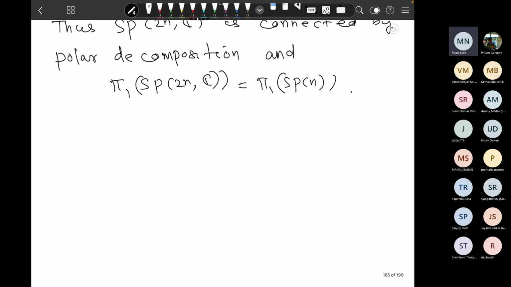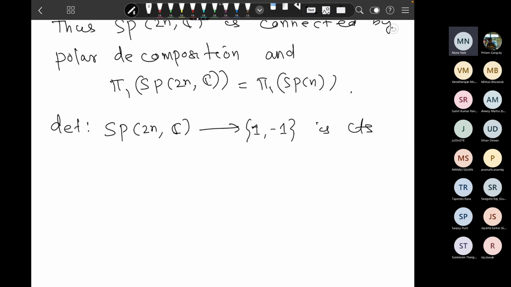Okay, another thing: the determinant. I told you that if something preserves a non-degenerate bilinear form, and you take the determinant of that automorphism group, it will map to 1 or minus 1, which is continuous.